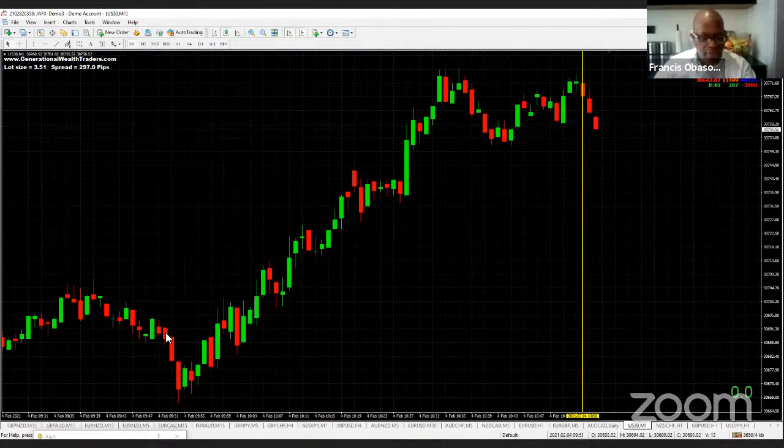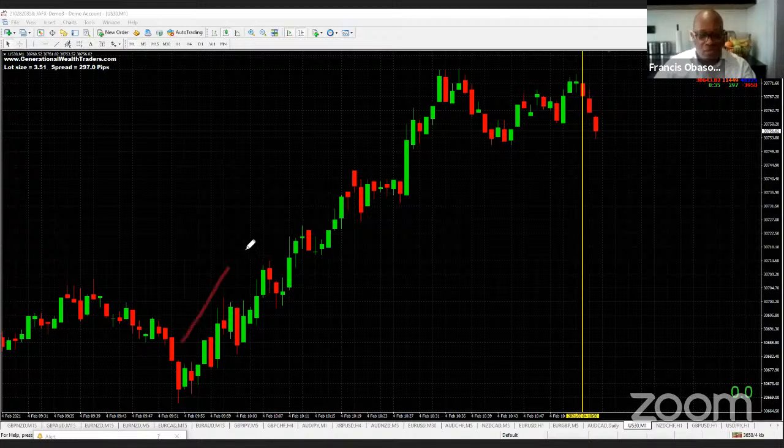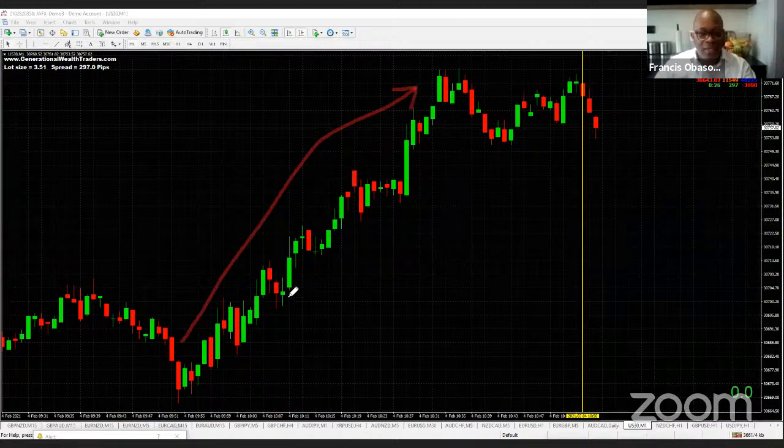So what we have here is price. Looking at where my cursor is, it was moving up. The price was moving up all along, all this time. Let's draw this. So we see here, right from here, the price was moving up. Never mind the wonky arrow, but that basically was the price moving up.